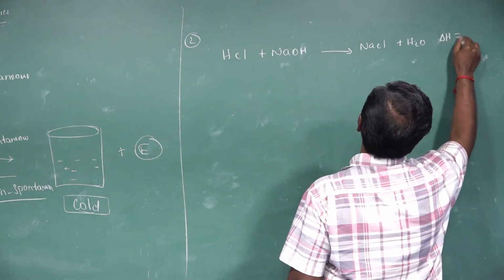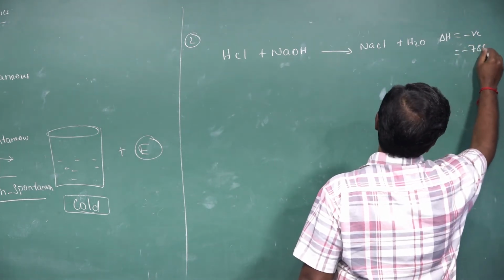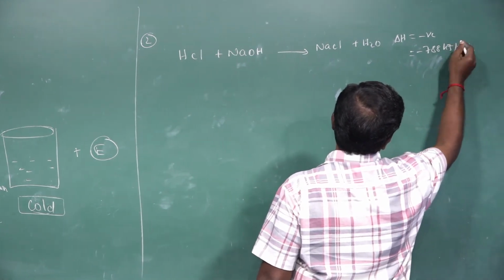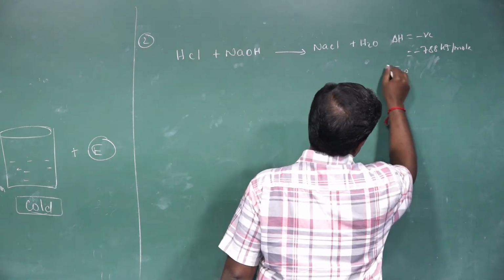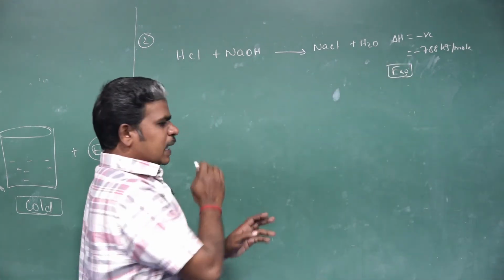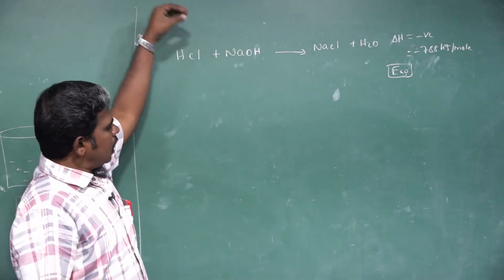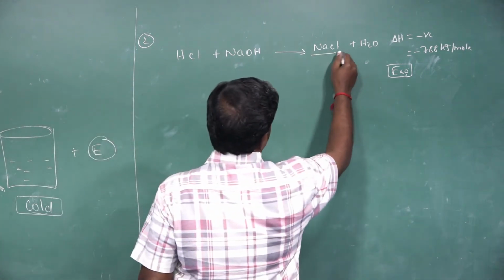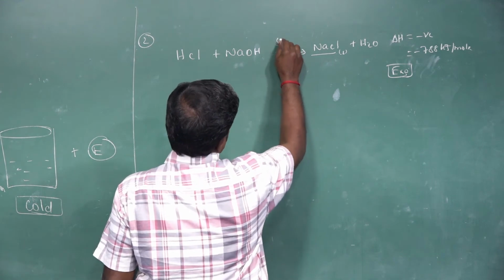So here delta H is negative, and the value is minus 788 kilojoules per mole. So it is an exothermic reaction. Then it will occur on its own. It is not to be induced. When hydrochloric acid is added to sodium hydroxide, sodium chloride is formed, and it is a spontaneous one.